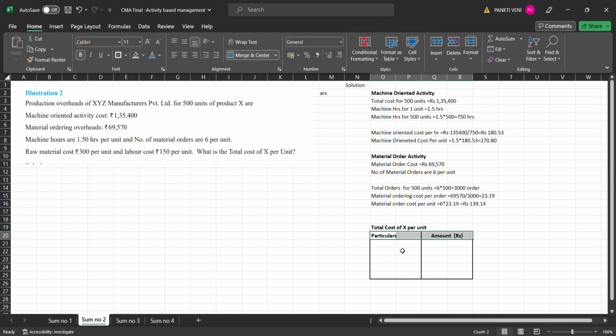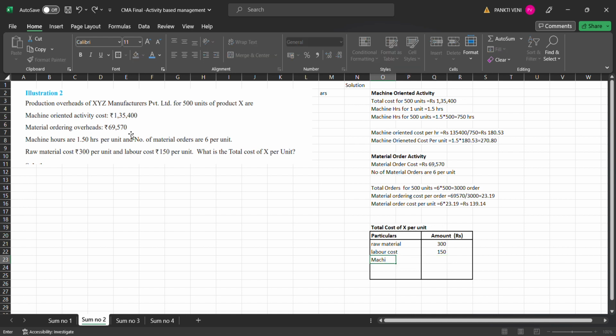Now what I'm supposed to do, I'm supposed to take my per unit cost. So raw material cost is given to me. If you see here, 300 per unit is given. Since they had given here in terms of per unit, that's why other two costs were in total. I divided that and found out in per unit. Then you have labor cost. Labor cost is also in per unit, so I divided that as well.